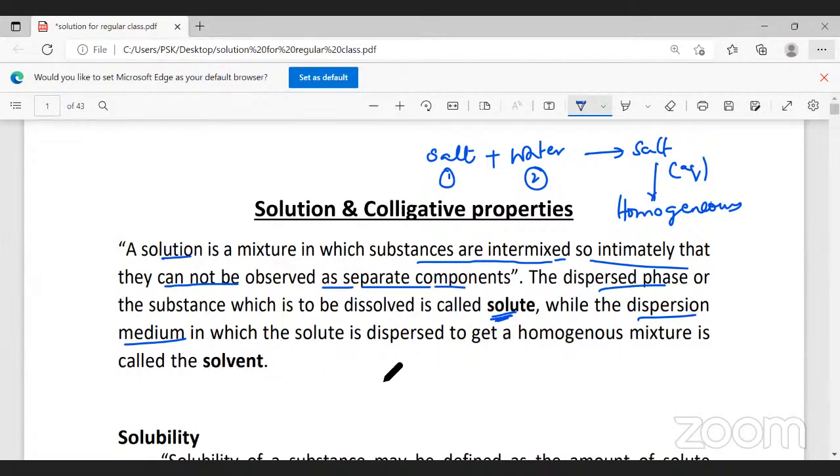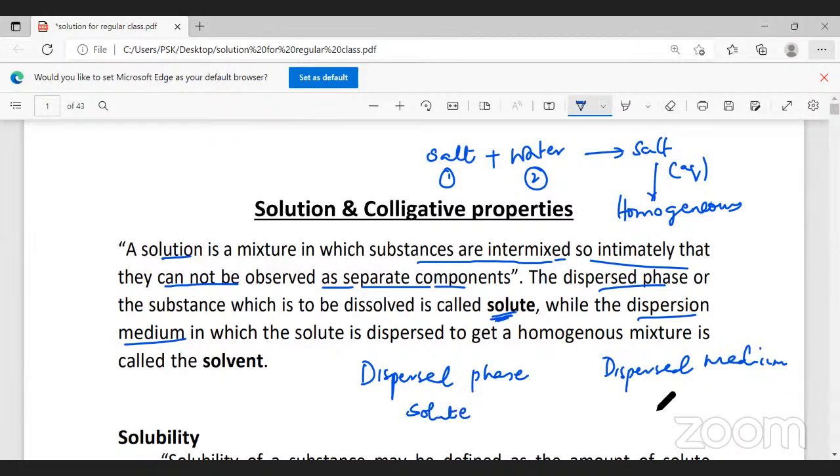So we have to understand two terms here. One is dispersed phase and the other one is dispersed medium. Now, dispersed phase is otherwise called a solute, and dispersed medium is otherwise called a solvent.